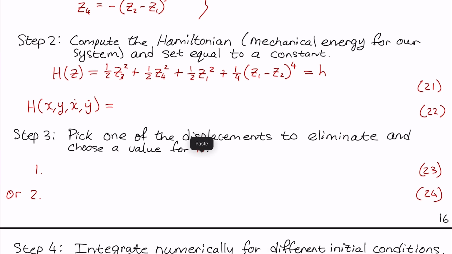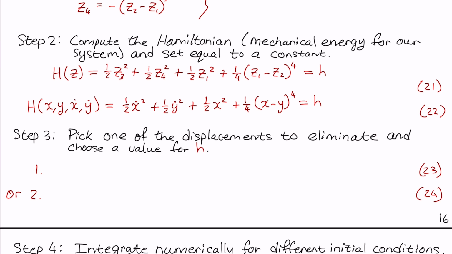And then this will be equal to 1/2 x dot squared, that's our kinetic energy for the linear oscillator, plus 1/2 y dot squared, that is our kinetic energy for the nonlinear oscillator, plus 1/2 x squared, that's the potential energy for the grounding linear spring, plus 1/4 times x minus y to the 4th, and that is the potential energy for the coupling spring, and then this is equal to h, lowercase h.